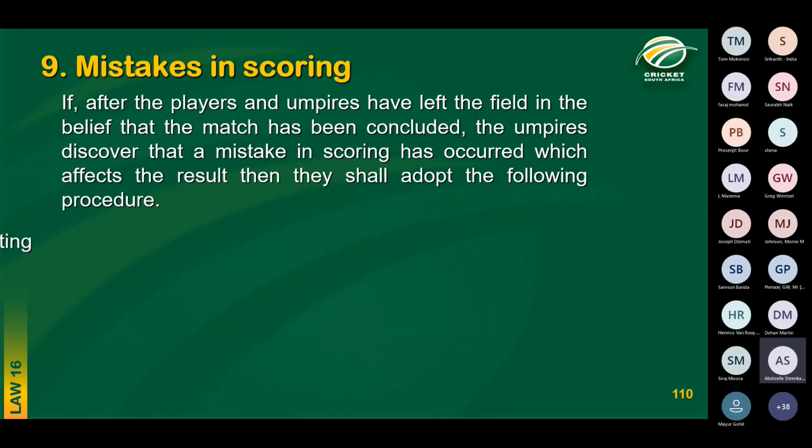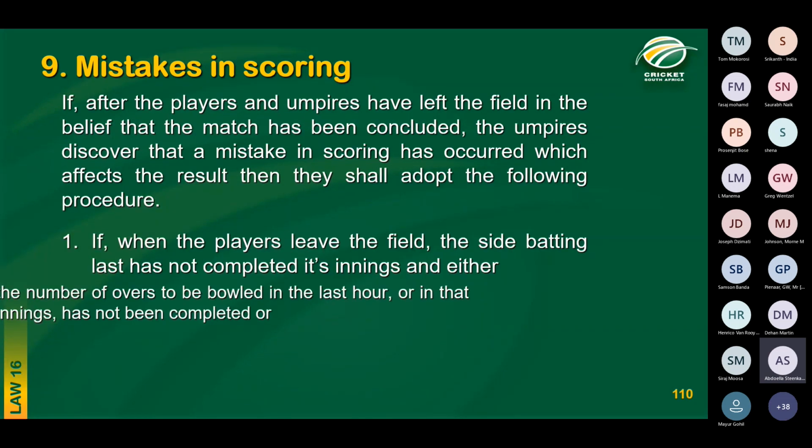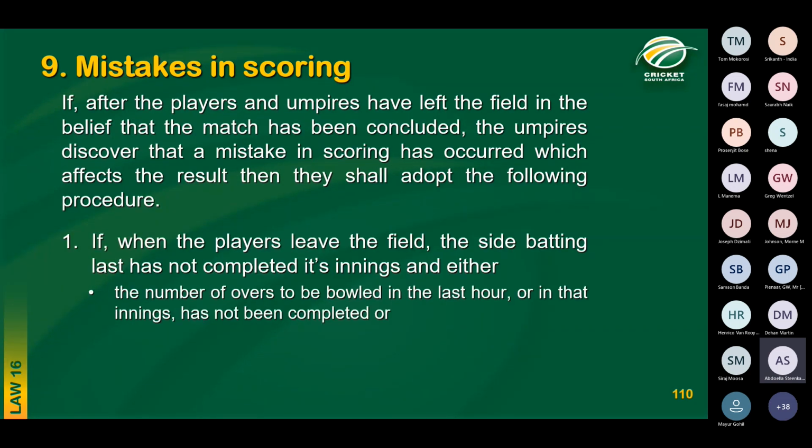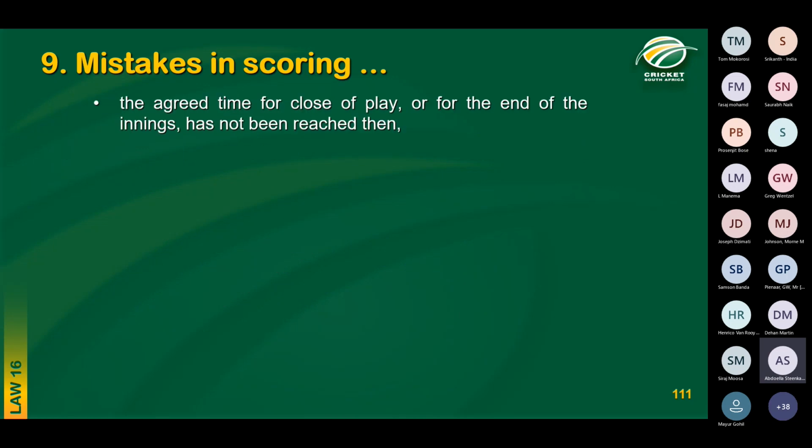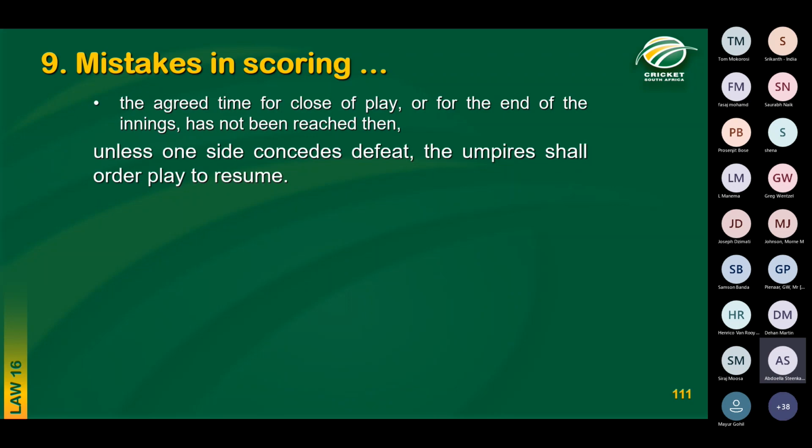So what do you do then? The law tells us that when the players leave the field and the side batting last has either not completed the innings, the number of overs in the last hour has not been completed, or the agreed close of play has not been reached, unless one side concedes defeat, the umpires need to order play to resume.